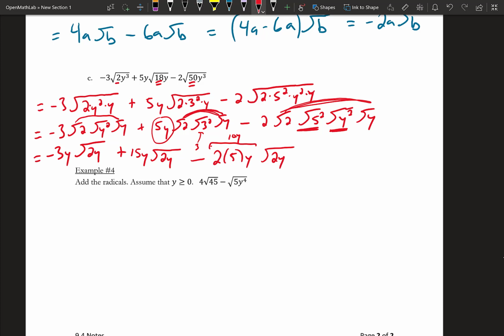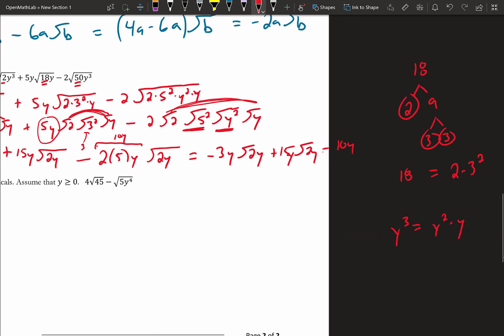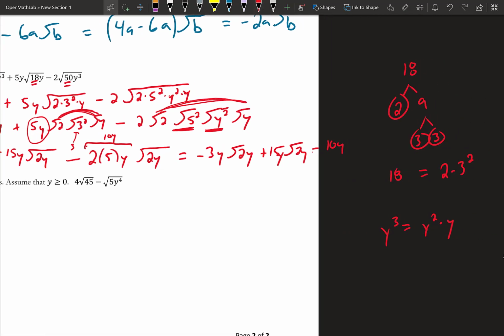So then what we have is negative 3y times radical 2y plus 15y times radical 2y minus 10y. Sorry, negative 3y plus 15y, and then minus, we got 10y times radical 2y, right?